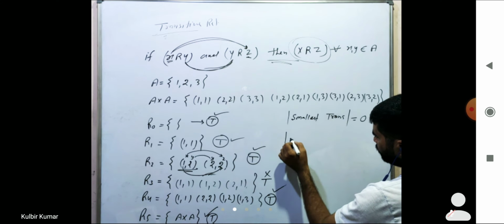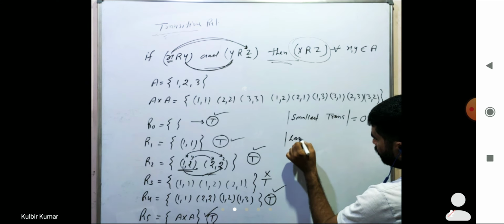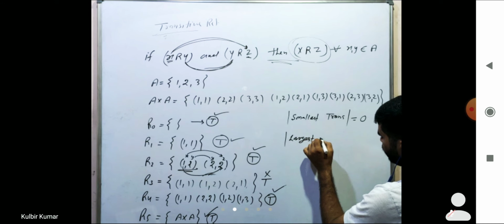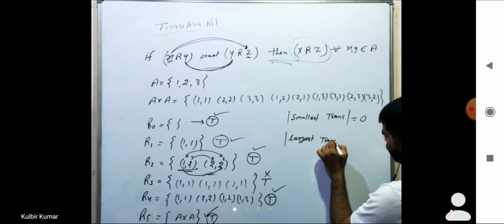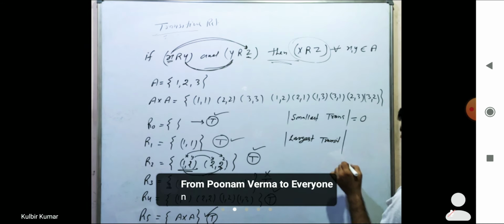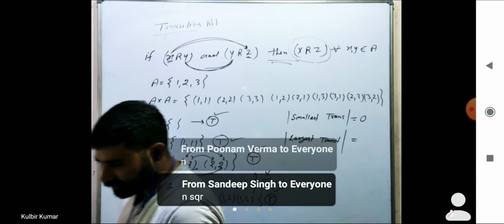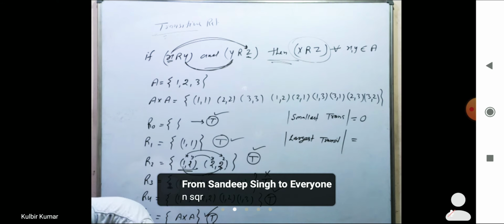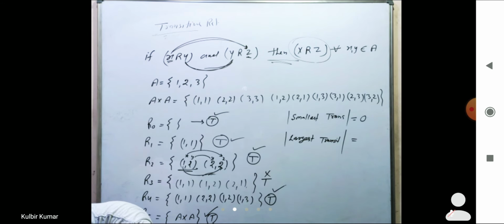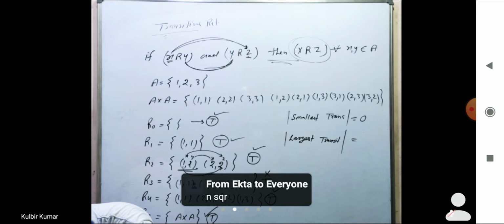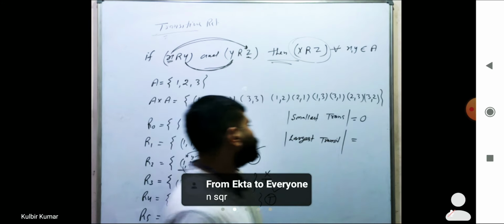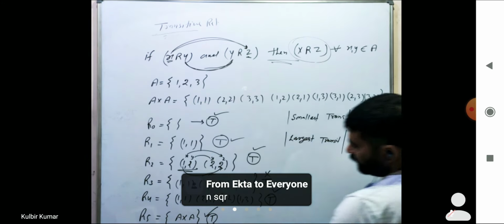Cardinality of the largest transitive relation. What will be the cardinality of the largest transitive relation? N square. Okay, so the largest one is what? It is A cross A.